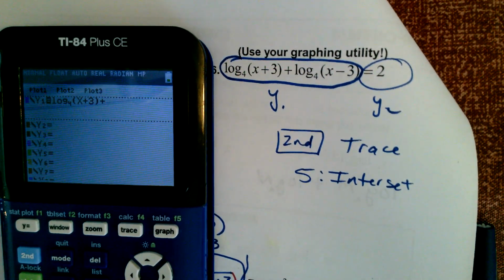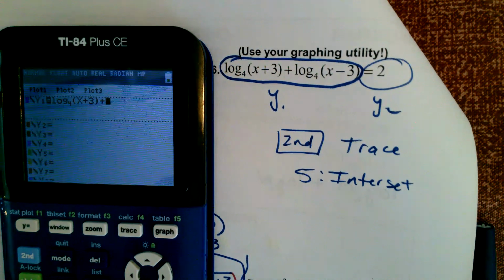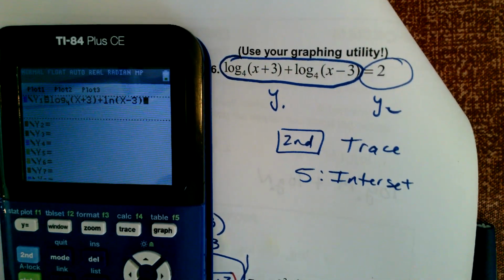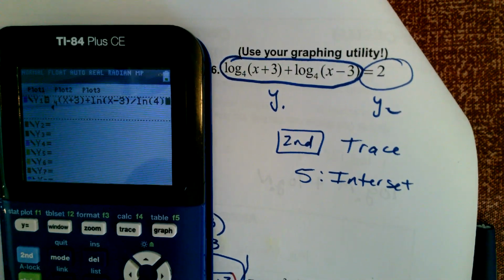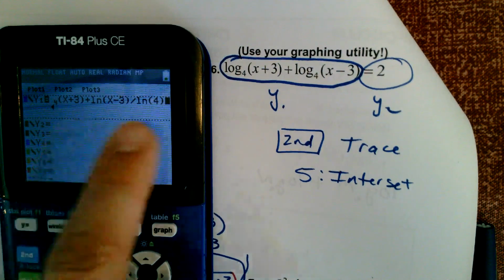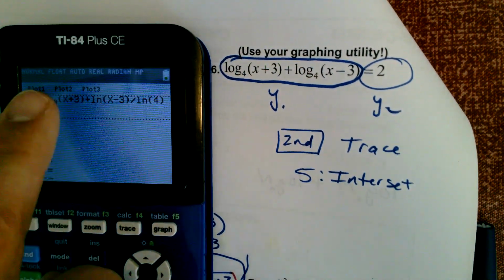If I don't have a TI-84, if I have an 83, then I would have to do my change of base stuff, which I've shown you before. This is the natural log of x minus 3, close it, divided by the natural log of the base, 4. So I've shown you, again, 2 different ways to do this. You can use your log base, or if you have an 83, this is what you'd have to type in for both of those.